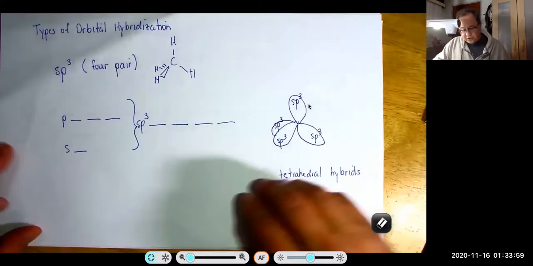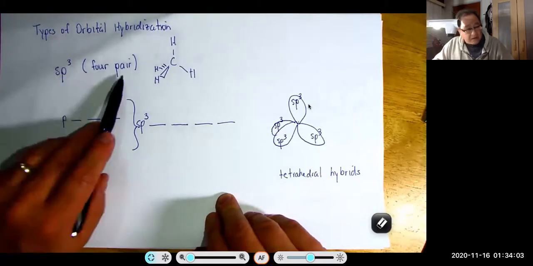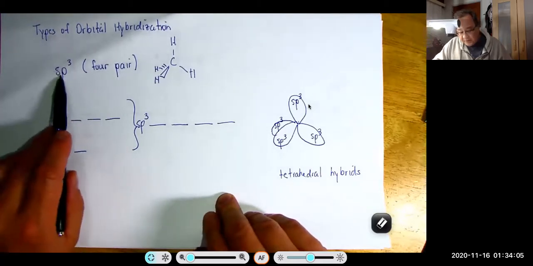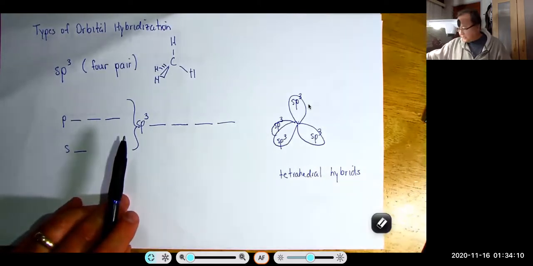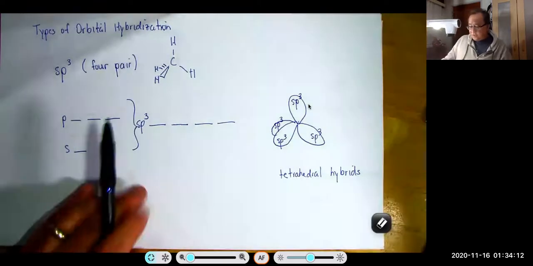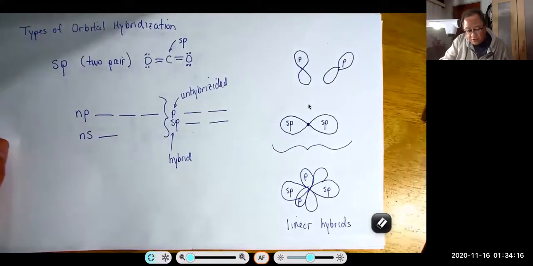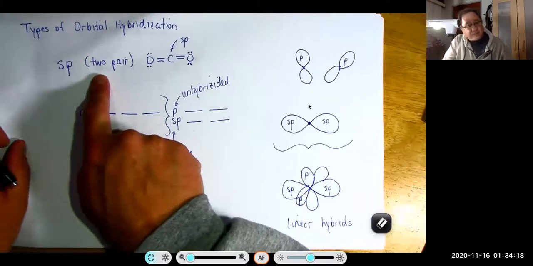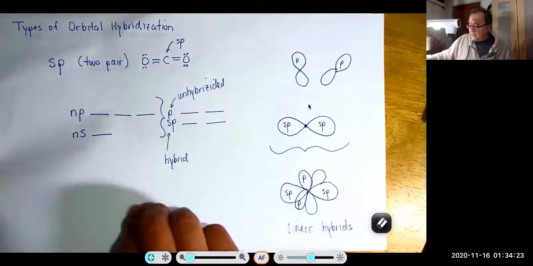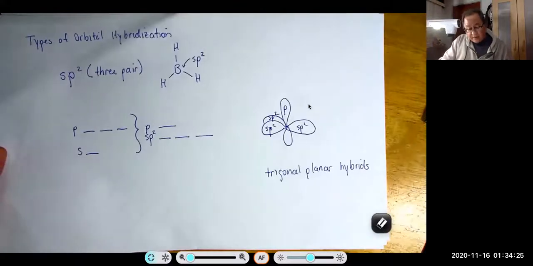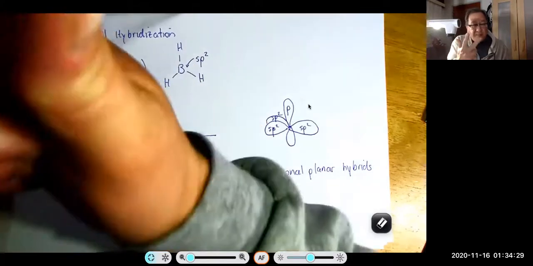Okay, so what happens when you have 4 pair? You're going to get sp3 hybrid. And so I'm going to back it up just a bit so that you understand what this 4 pair means. So if we go back to here, notice if we have 2 pair, it's sp hybridized, 1, 2. If you have 3 pair, like in BH3, 1, 2, 3, it's s-p-p hybridized.